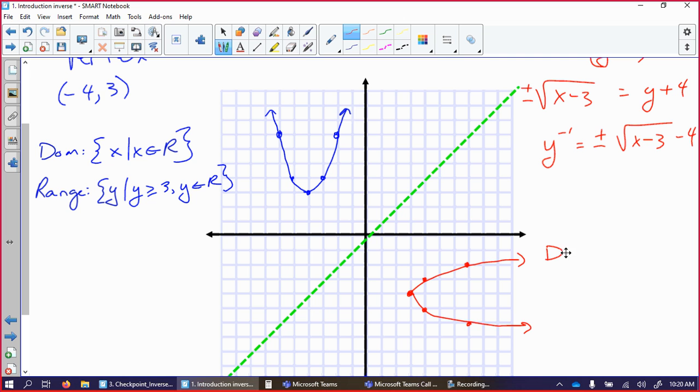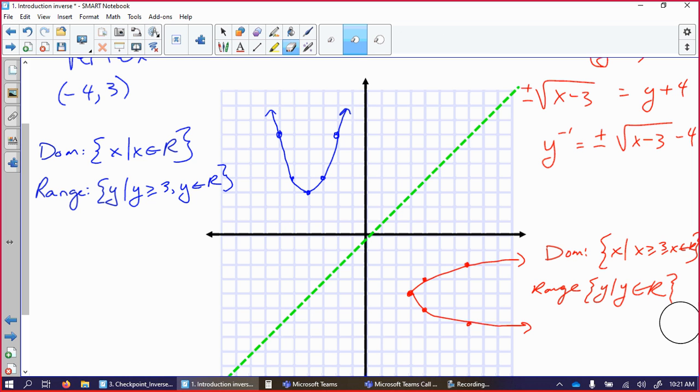All of the x values, x is greater than or equal to 3, x contained in the reals. Well, the y value, if we kept going, that graph would get wider and wider. It can be any y value.